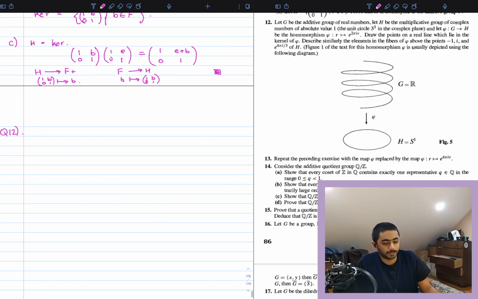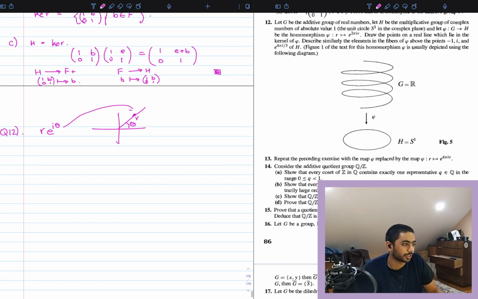To make sense of this question, you've got to know what e to the i theta means as a complex number. If you haven't seen this before, this as a complex number is just the number with angle theta and radius r. So this corresponds to this point here.